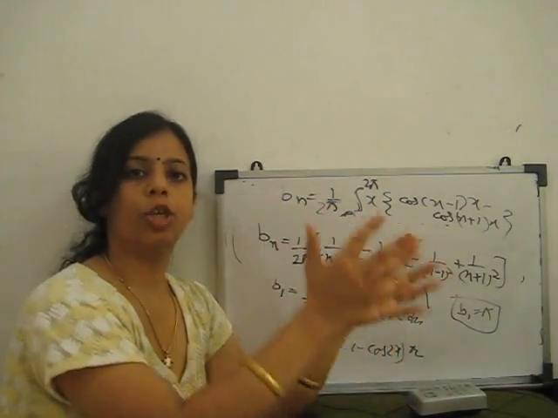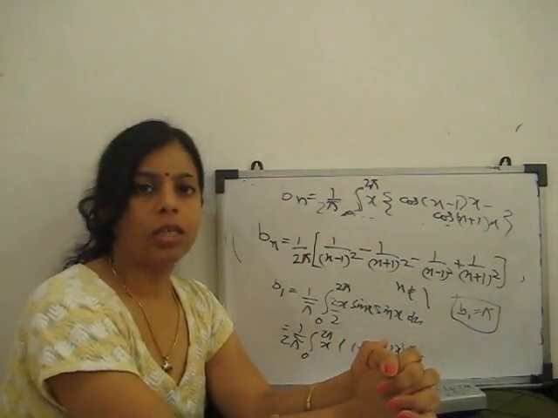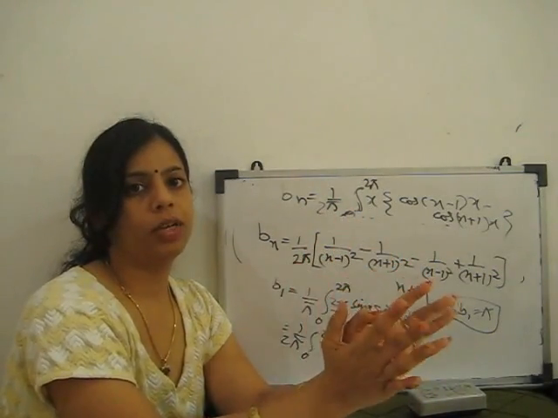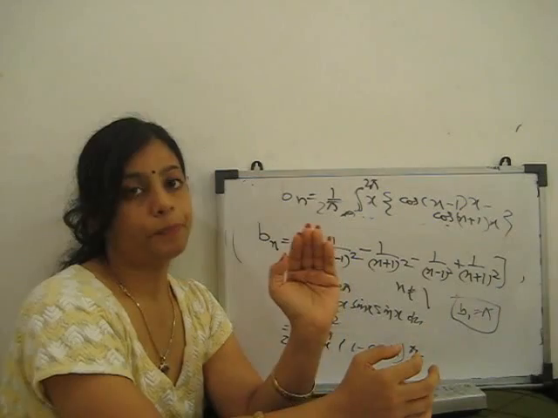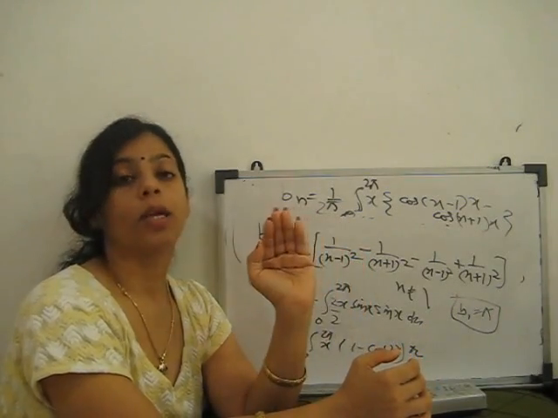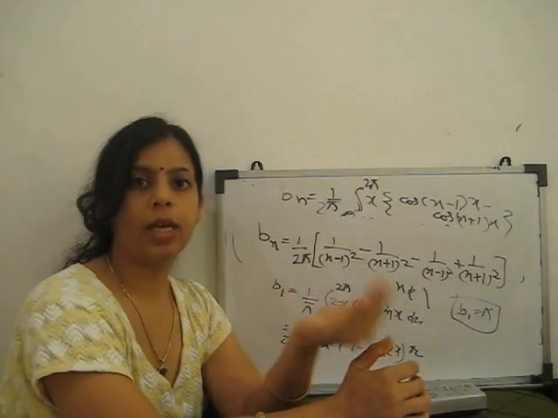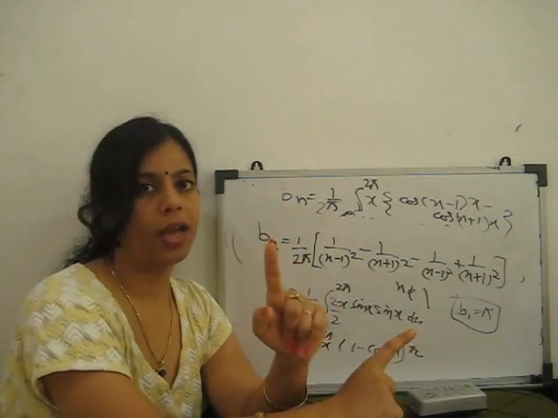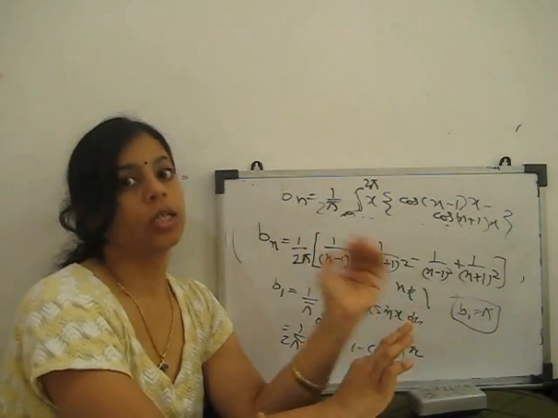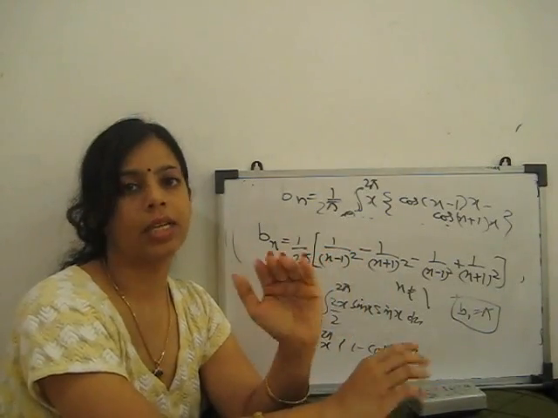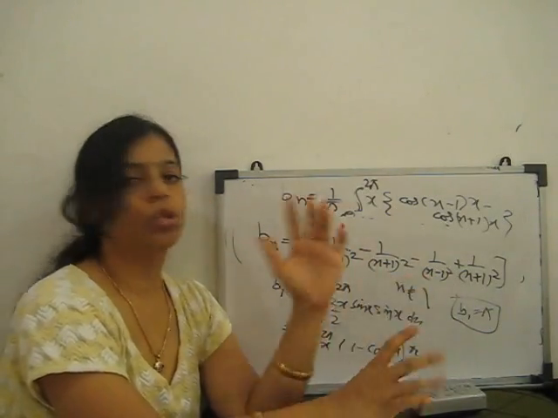All values are substituted in our Fourier series: a0 by 2 plus summation n going from 1 to infinity, meaning a1 cos x plus a2 cos 2x plus a3 cos 3x up to n, plus b1 sin x plus b2 sin 2x plus b3 sin 3x and so on. And you substitute these values.